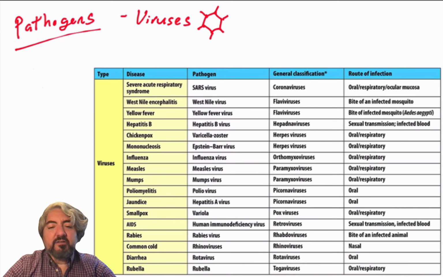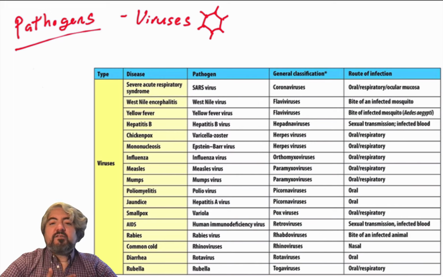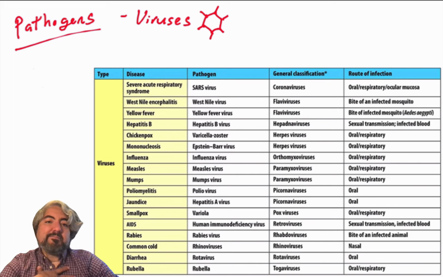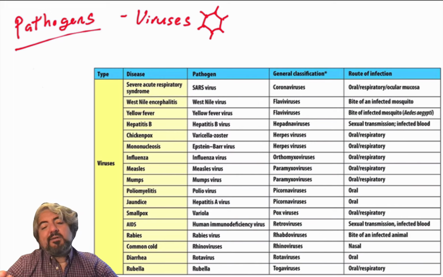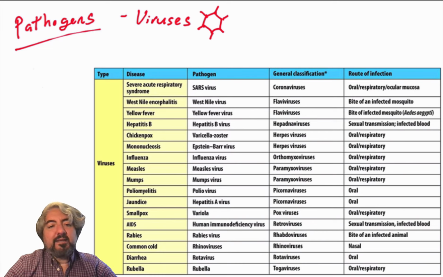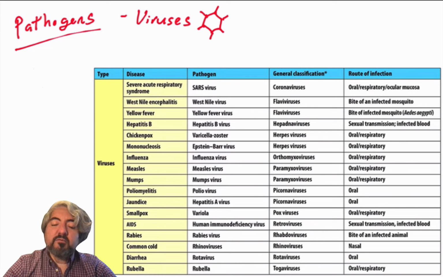And here are some examples of viruses that you'll see here. And you'll notice things like viruses that infect your respiratory tract, like coronaviruses, viruses that can infect your GI tract, like poliovirus, viruses that can infect your skin, like papillomaviruses. Again, lots of different types of viruses.